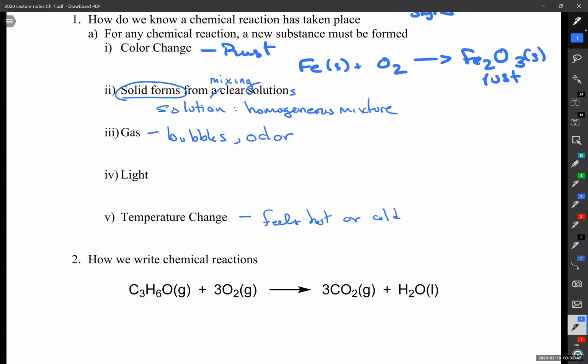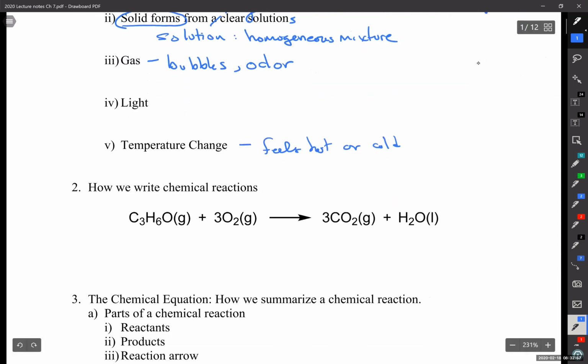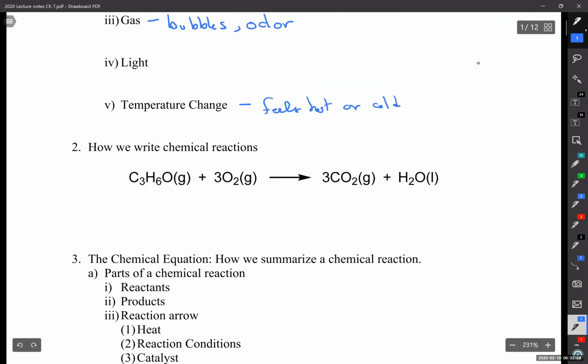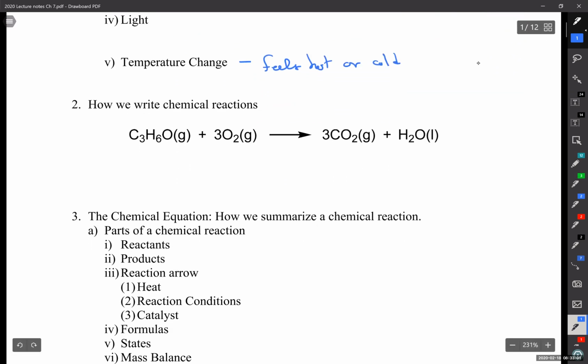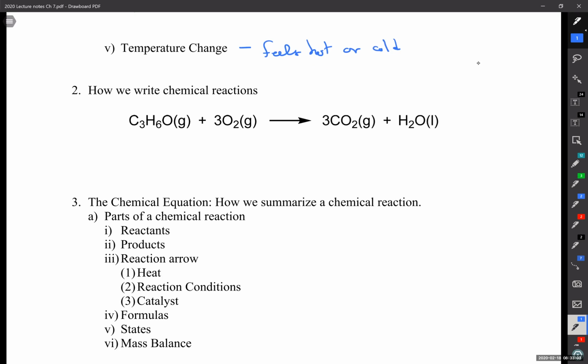You see the change in color. You can see the solution become cloudy, right? You could smell things. You see bubbles formed. Lights, like I said, self-evident. And then it feels hot or it feels cold, right? That's how you know. And sometimes it's real obvious, and sometimes it's real subtle. And so you have to pay attention to things as you're doing them in the lab.